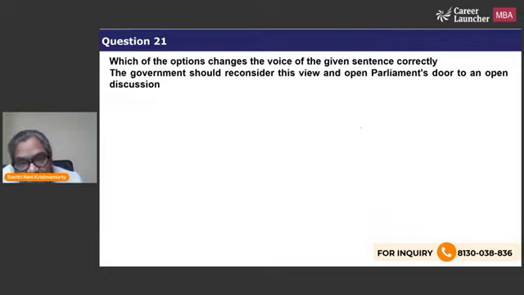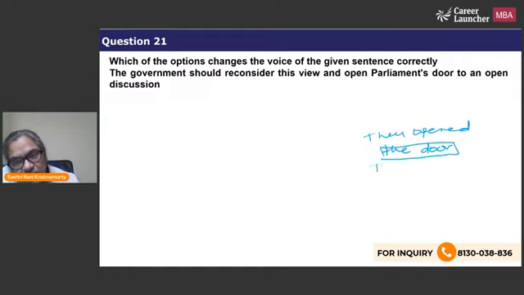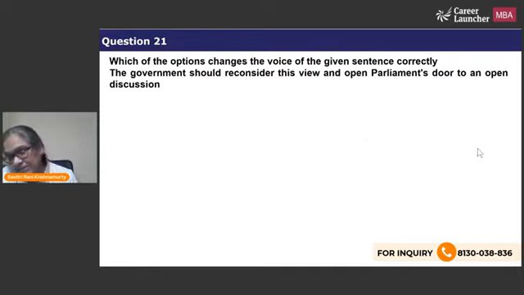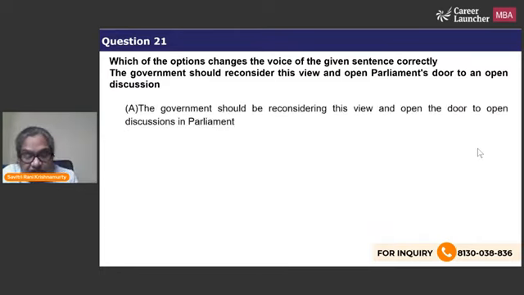So if I say they opened the door, in passive voice, this becomes the subject. So you'll say, the door was opened by them. Sometimes that is not necessary, sometimes that is necessary. So that is the key you have to keep in mind, because the options sometimes make it very confusing.